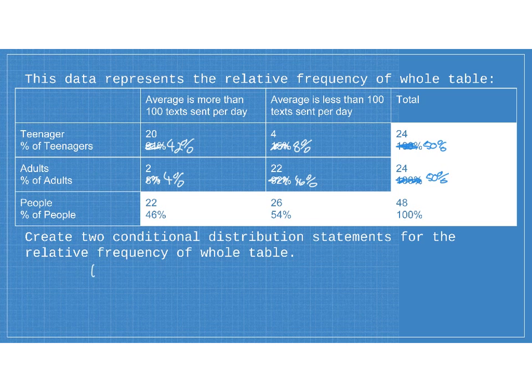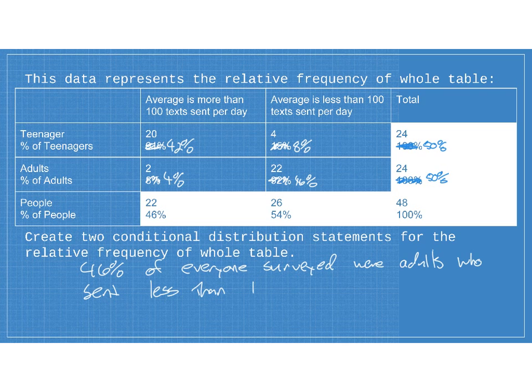So we can say 46% of everyone surveyed were adults who sent less than 100 texts per day.